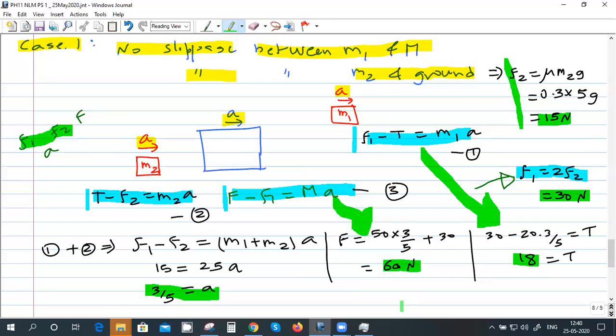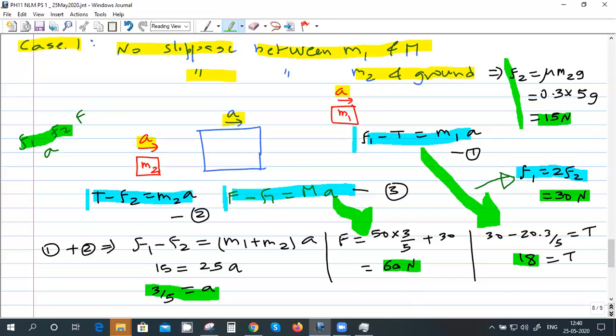Bhavya, getting it? Acceleration value you got, no? Yeah. And from equation 3 you can get the value of capital F. Yes, sir. And from equation 1 you can get the value of tension. You can also use equation 2, both are same.